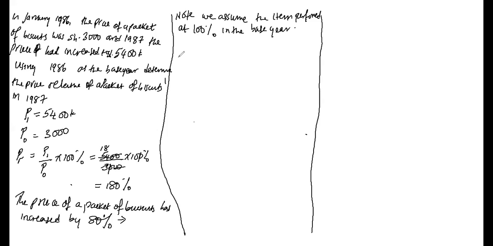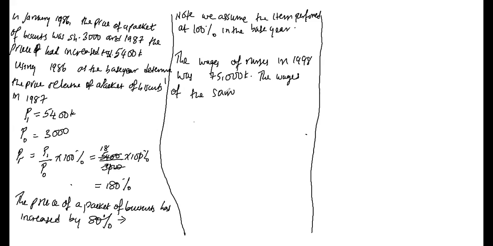Let me give you another example. The wages of nurses in 1998 was 75,000. The wages of the same nurses were increased by 50,000 in 2001.